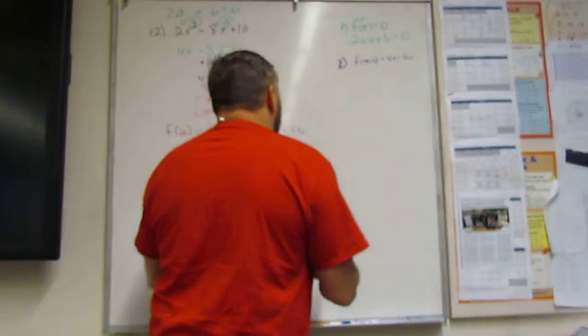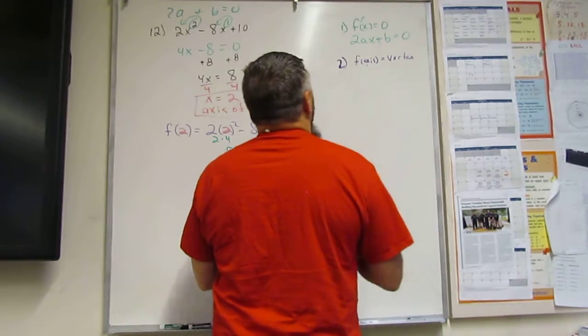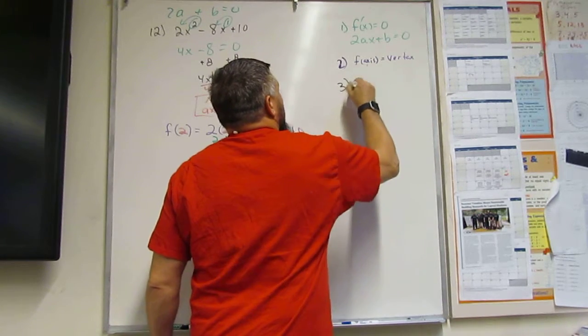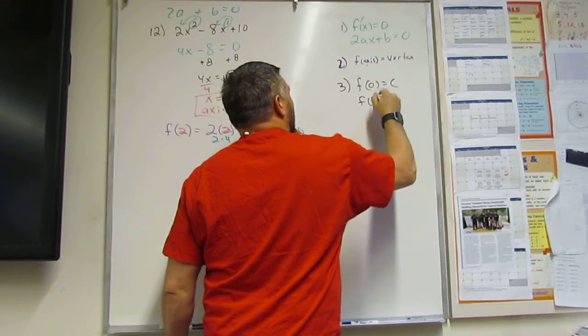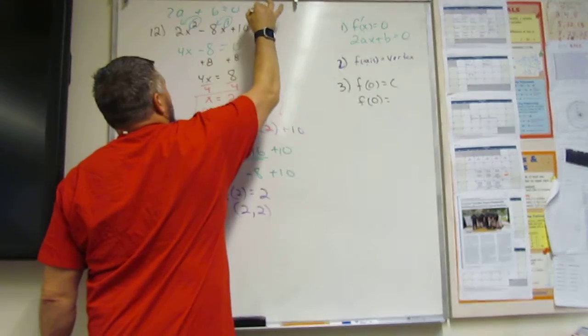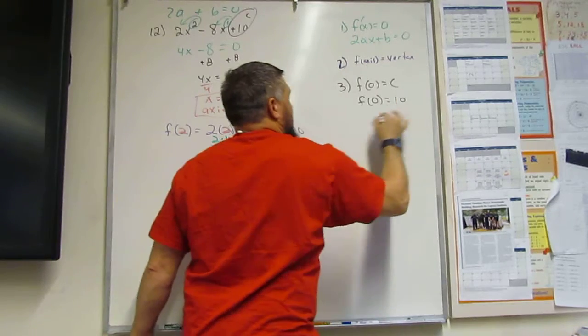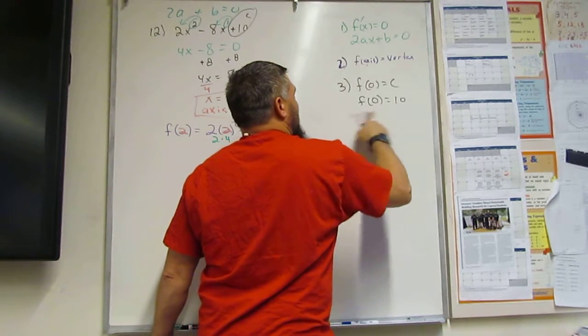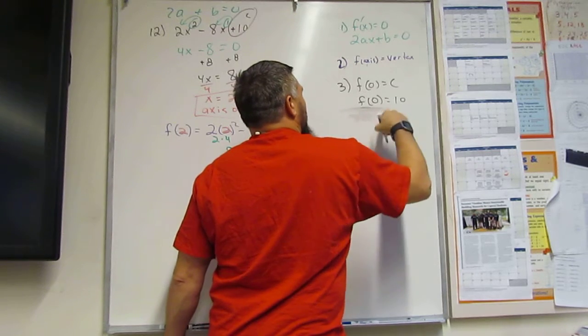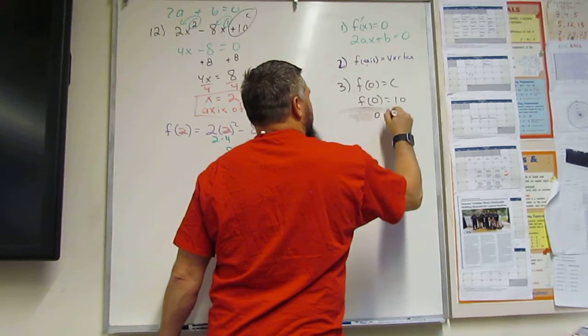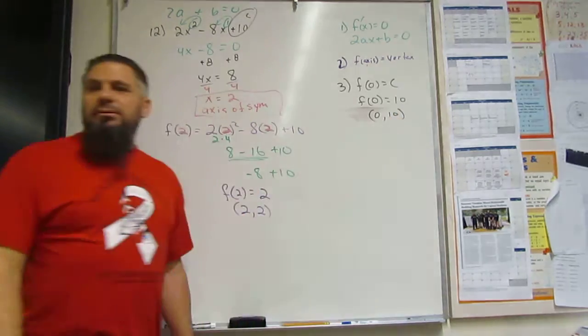Anyone? Somebody. F of 0. Huh? F of 0. Yeah. So step 3 is f of 0 equals c, right? So what is c? 10. So then, the vertex, oh wait, not the vertex, sorry about that. So then the point is 0 and 10, right?